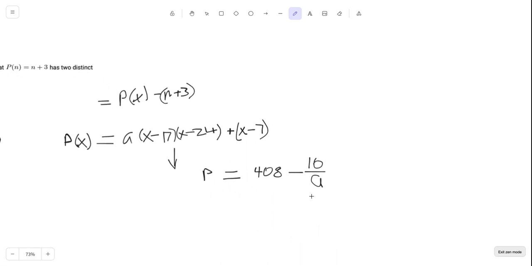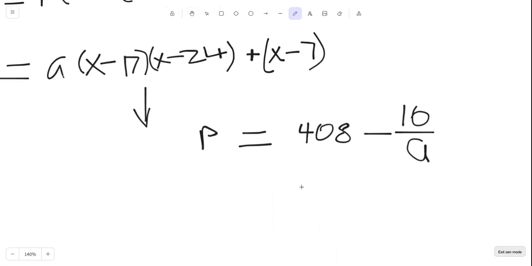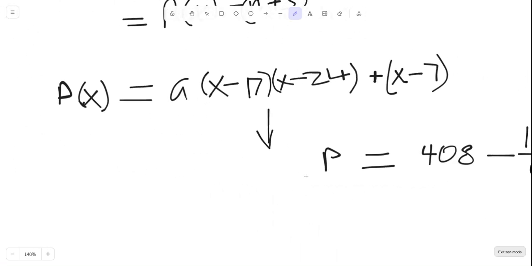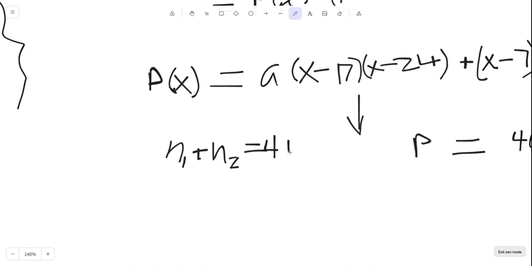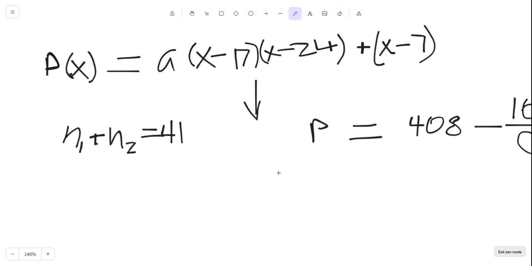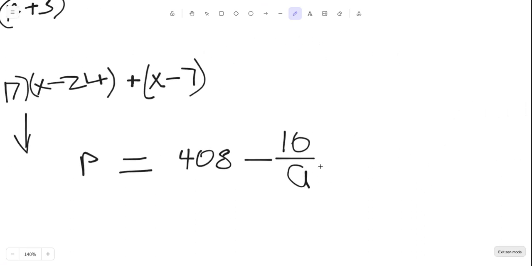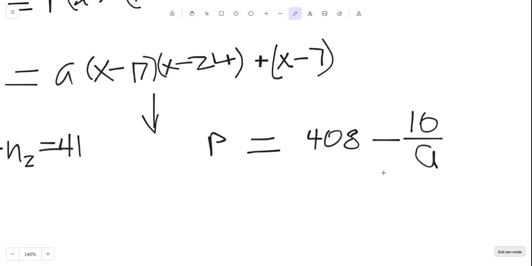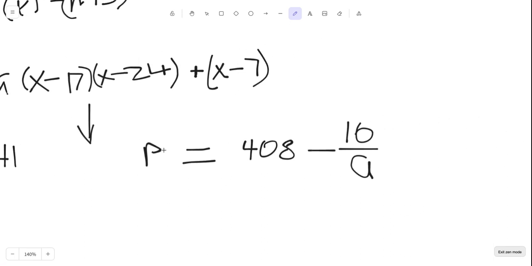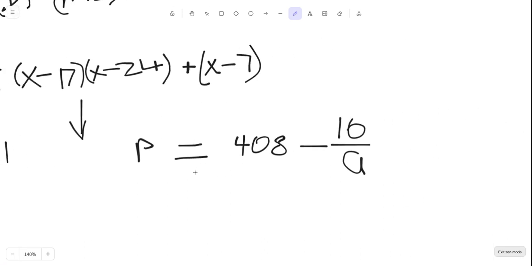So we have our product. We have n1 plus n2 equals 41, and then our product is equal to n1 times n2.